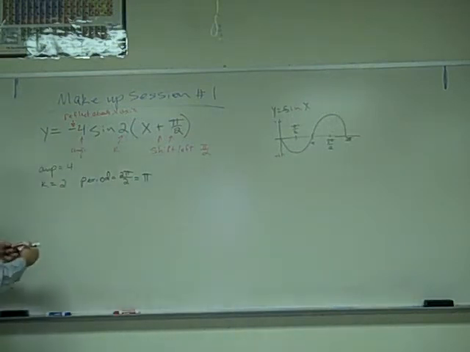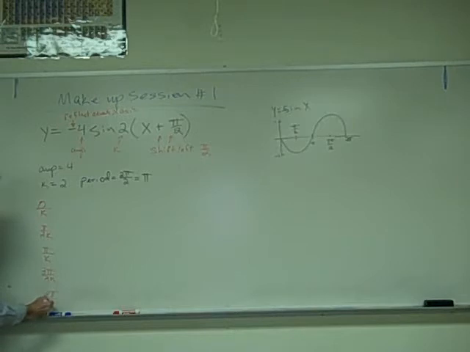Take a look at our increments of 0 over k, pi over 2 times k, pi over k, 3 pi over 2 times k, and 2 pi over k.